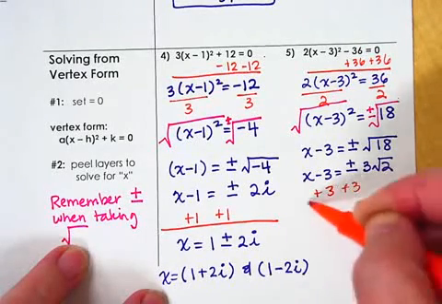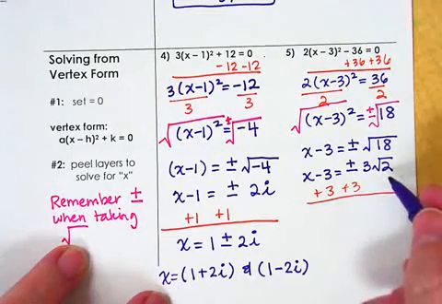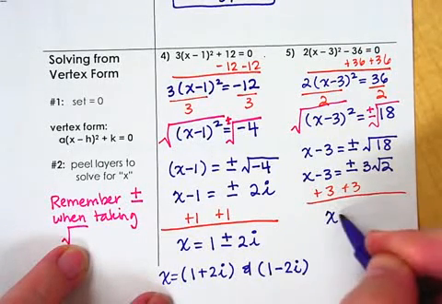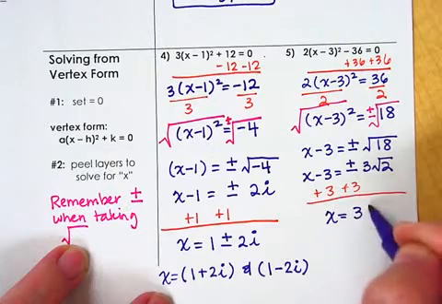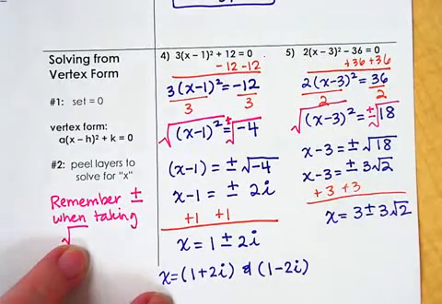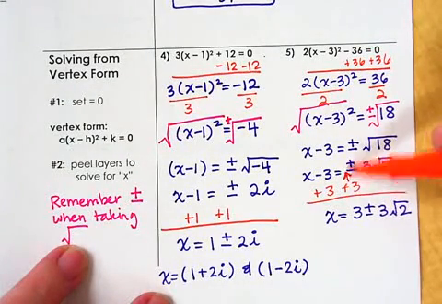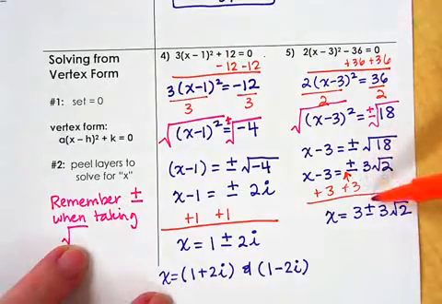Now again, we cannot combine the 3 with a 3 radical 2. They're not like terms. The radical 2 is most important there. It stays separate. So this just becomes x equals 3 plus or minus 3 radical 2. That plus 3 just slides right into the front of that plus or minus there.